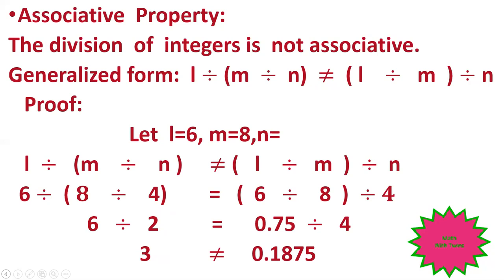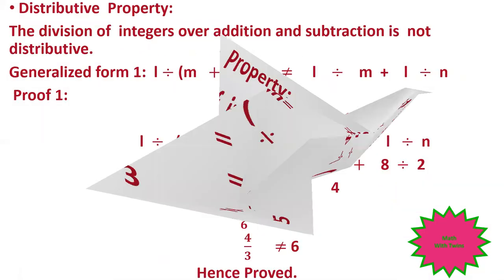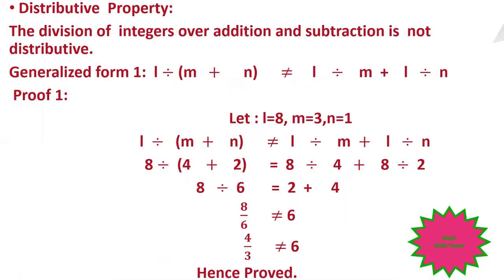Next is the distributive property. The division of integers over addition and subtraction is not distributive. This is generalized form 1, which refers to distributivity over addition: L divided by m plus n is not equal to L divided by m plus L divided by n.